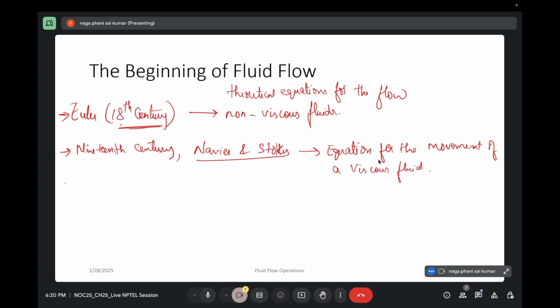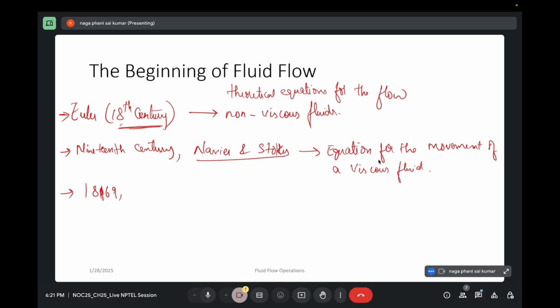Okay, and then in 1869, a scientist called Kirchhoff, a German physicist, reported the connection of hydraulics to hydrodynamics. Until 1869, people were thinking that hydrodynamics and hydraulics were two different concepts, or two different branches of science.